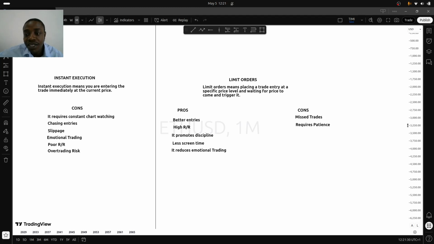So if you are using limit orders, you should understand that you are going to have to wait a whole lot. Price can come very close to your entry and then not tap it and move. That doesn't mean you should chase the price, because sometimes it might come back again. So you just have to understand that using this, I have to wait, right?